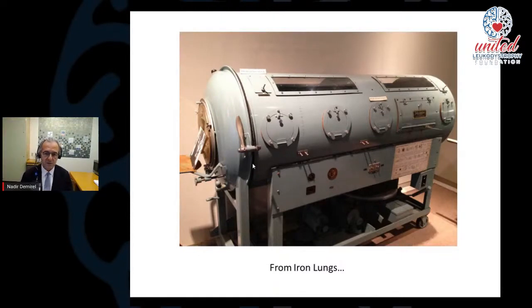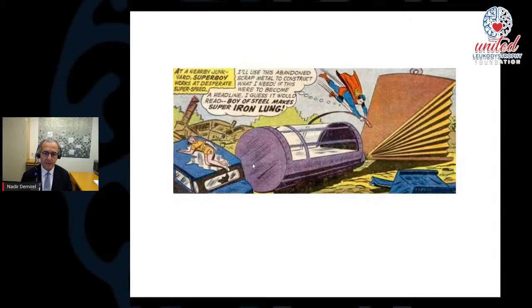As you see, it's very bulky. The patient has to lie in this machine all the time. It was so hard to have a good quality of life with these machines that served people for many decades. And even some animations used help of these machines, like Superman.